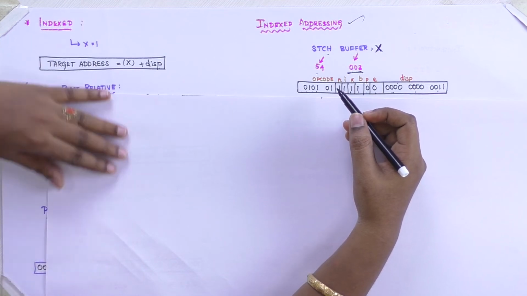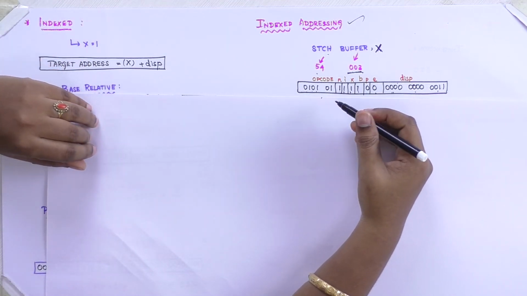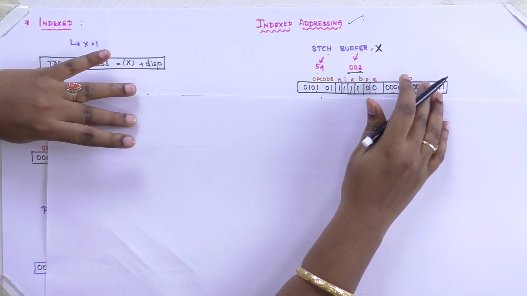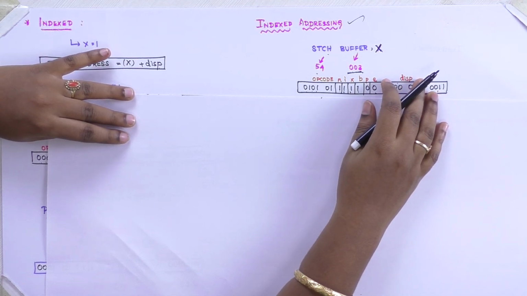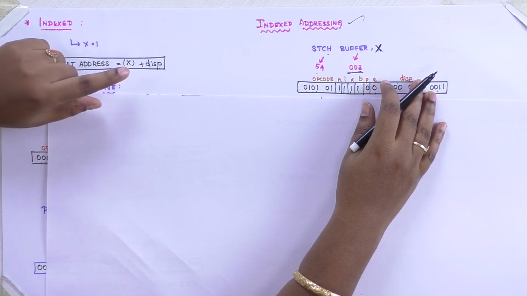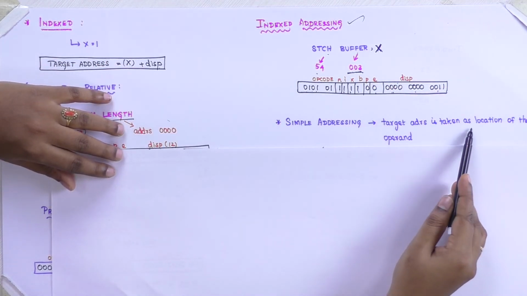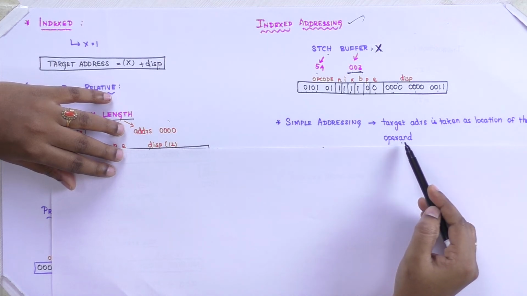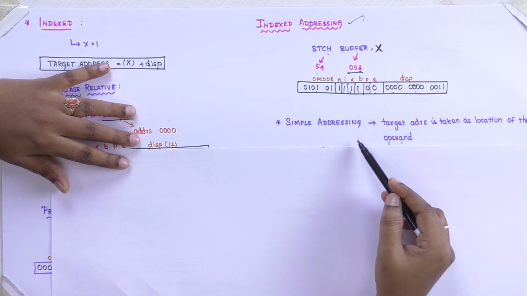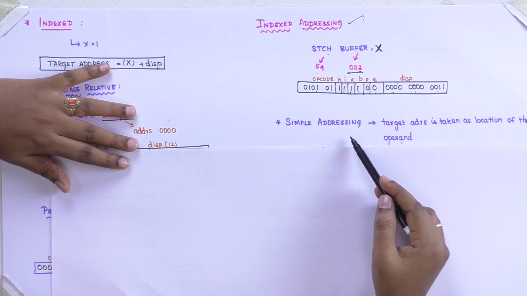Apart from these addressing modes, that is base relative, program counter and indexed addressing, we have one more addressing mode, simple addressing. In simple addressing, target address is taken as the location of the operand. All instructions come under simple addressing.